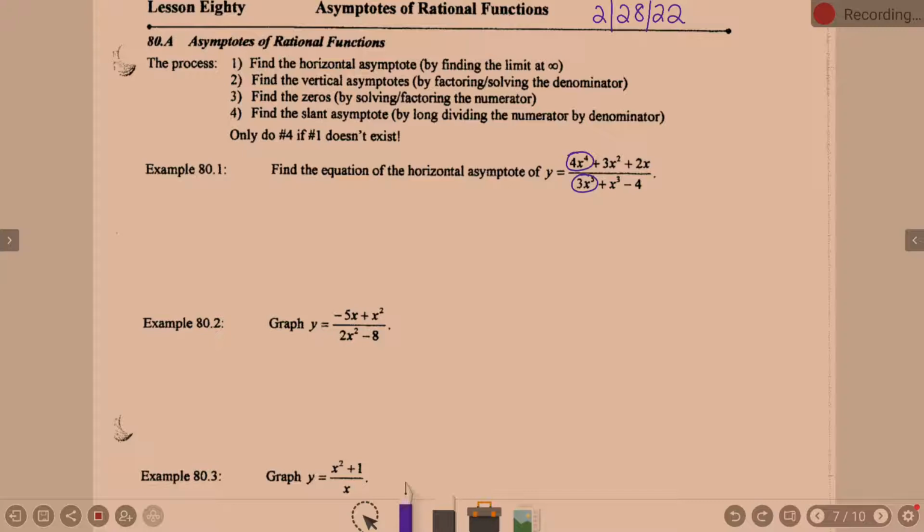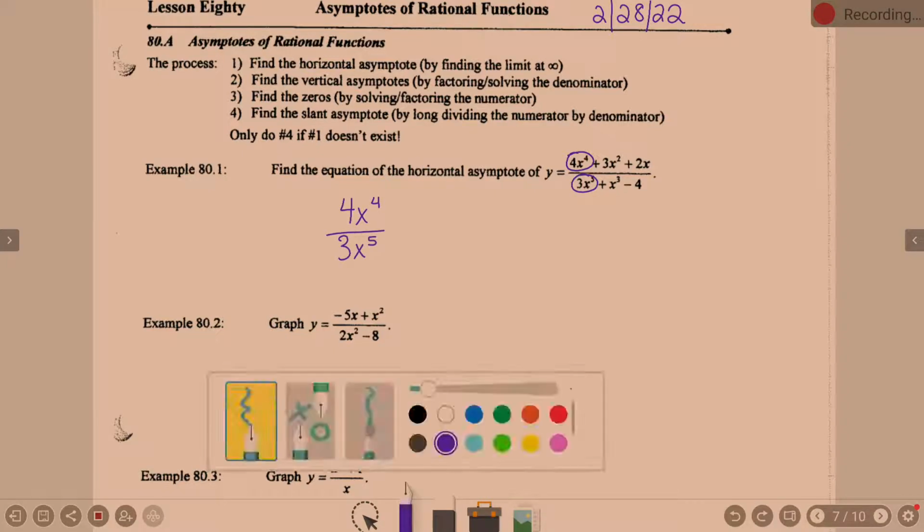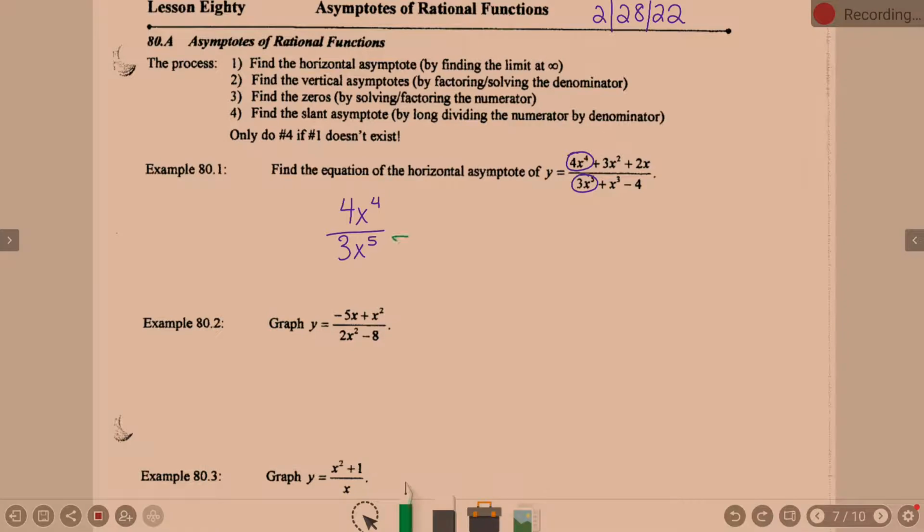So when you look at those highest powers, 4x to the 4th over 3x to the 5th, we want to note that the larger power is on bottom. What does that tell me when the larger power is on bottom? Isn't it always zero? Right? Okay. Horizontal asymptote is y equals 0.